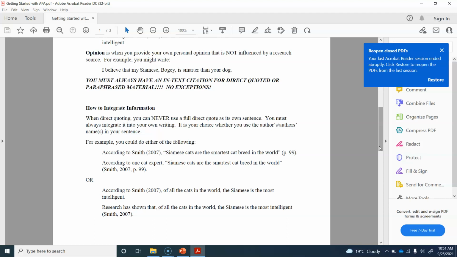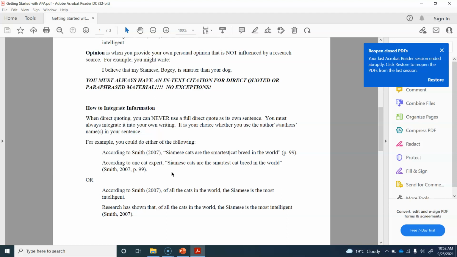Okay, so for example, if I were quoting, again, that same line, Siamese cats are the smartest cat breed in the world, I could say, according to Smith, quote, Siamese cats are the smartest cat breed in the world, unquote. Or if I didn't want to use the author's name in my sentence, I could say something like, according to one cat expert, quote, Siamese cats are the smartest cat breed in the world, unquote.